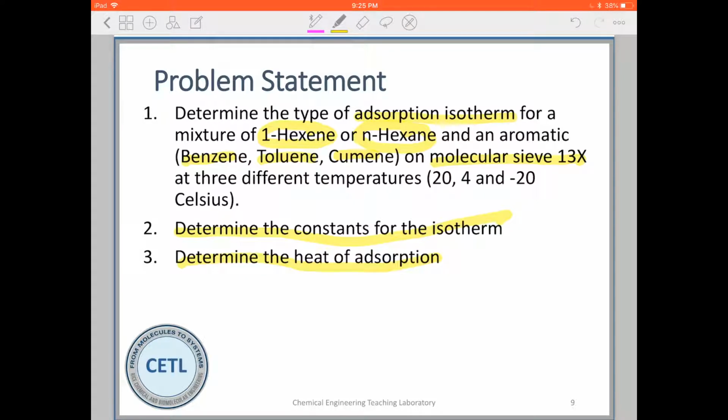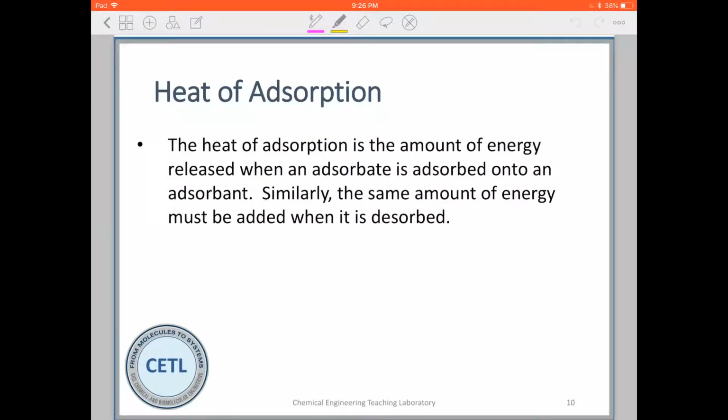So in the next slide, we'll discuss what the heat of adsorption is. The heat of adsorption is the amount of energy released when an adsorbate is adsorbed onto an adsorbent. Okay, so what does that mean? You have your adsorbent and then you have your adsorbate.